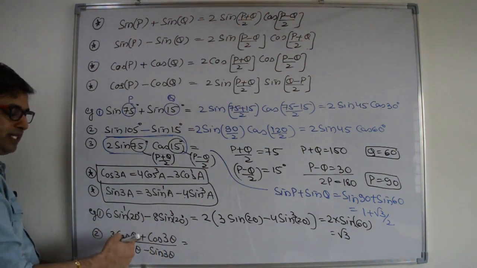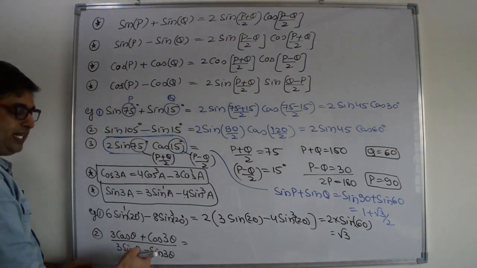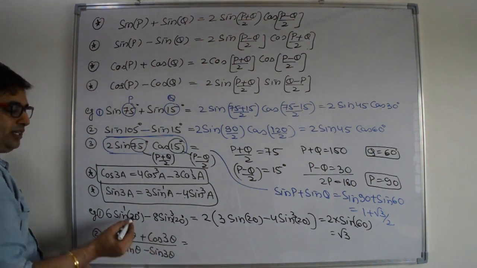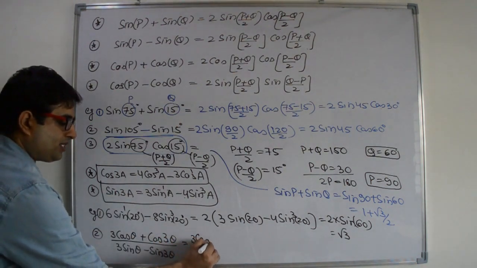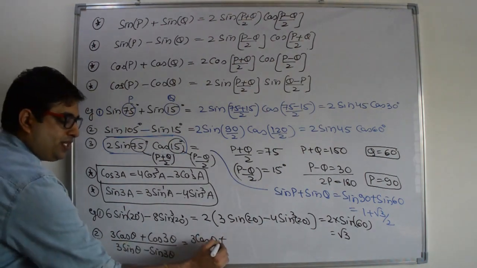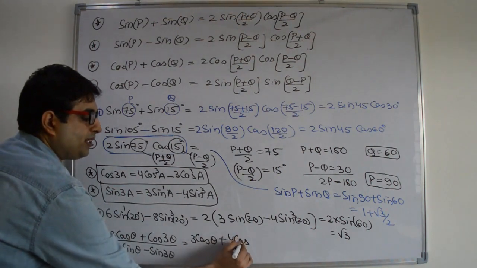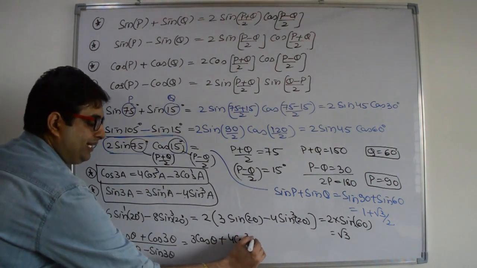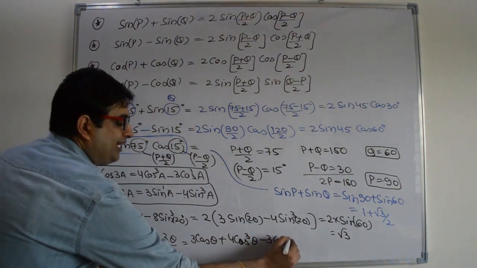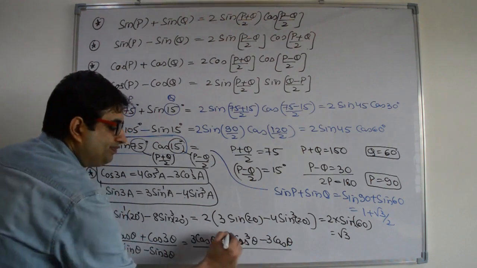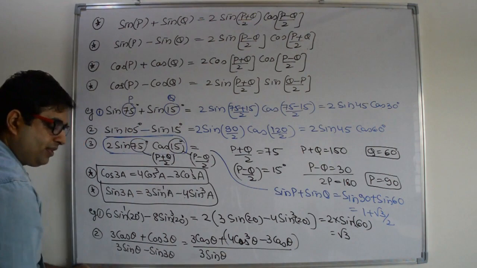Next, we have to simplify this formula. (3 cos theta plus cos 3 theta) divided by (3 sin theta minus sin 3 theta). So I am using 3 angle formula. So the cos 3, let us write it cos theta. I am replacing cos 3 theta with this term. 4 cos power 3 theta minus 3 cos theta divided by 3 sin theta.